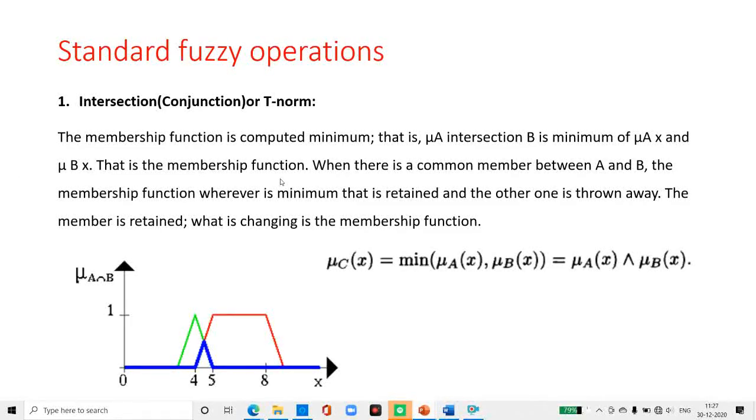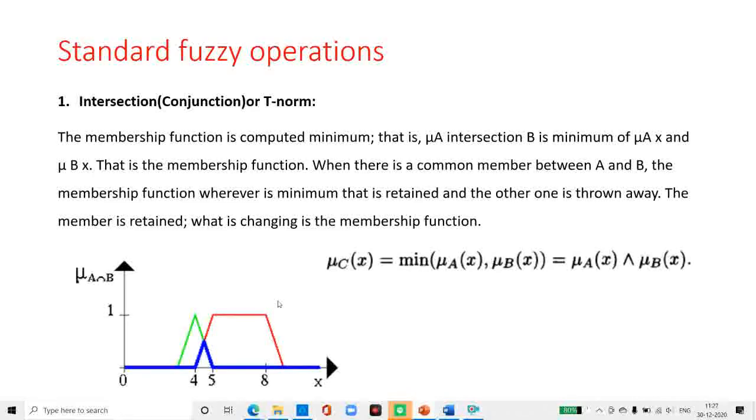So when there is a common member between A and B, the membership function that is the minimum is retained and the other one is thrown away.